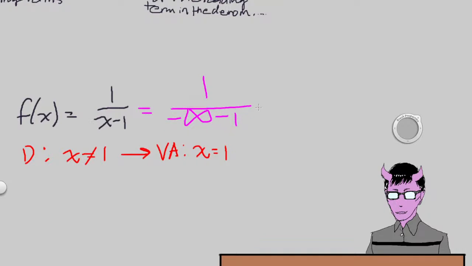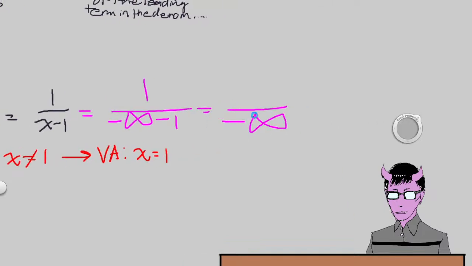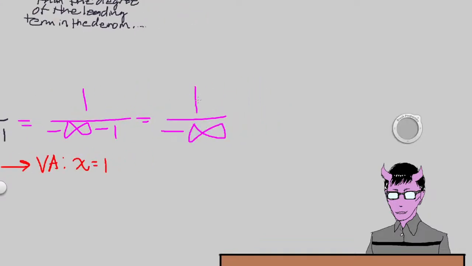You subtract 1, it's still going to be absurdly huge sized, but it'll be negative. Remember a while back I talked about the difference between size versus value. This is a very small value, but the size is very large, and it's negative. So when you divide 1 by an absurdly huge negative number, it's almost 0, but it's a negative almost 0.